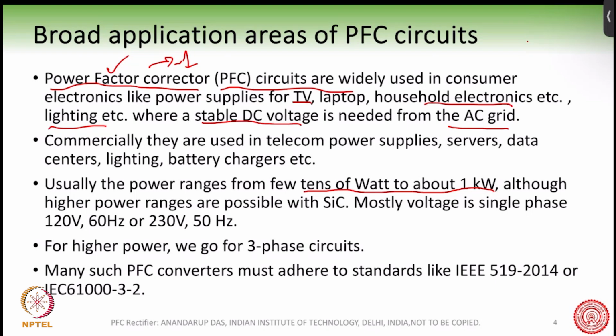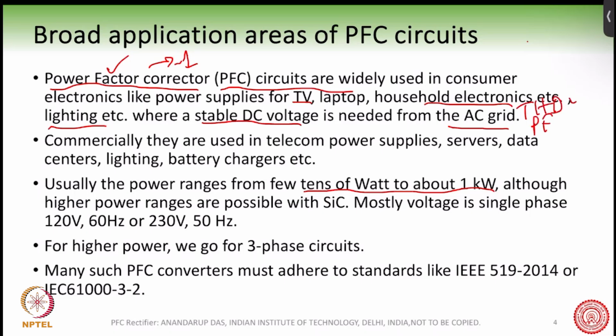In earlier days, say 25 or 30 years back, for the small consumer electronics we use in our daily lives, these power supplies were not so stringent in terms of THD. So here we have two important things to remember: THD and the power factor.